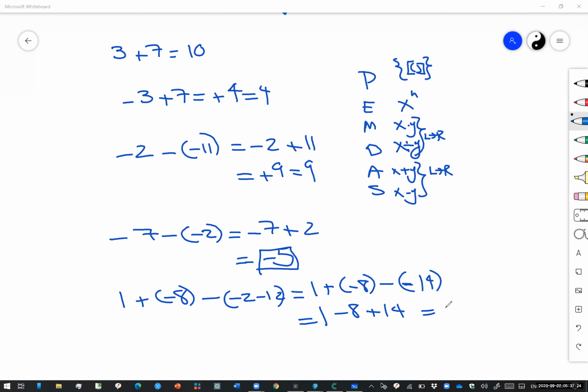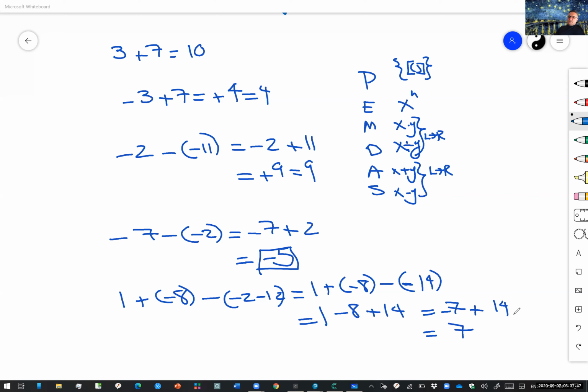1 from 8 is what? 7. Take the sign to the left of the larger number. So negative 7. And then plus what? Plus 14. So now what's the operation? Subtraction. Good. What's 7 from 14? 7.